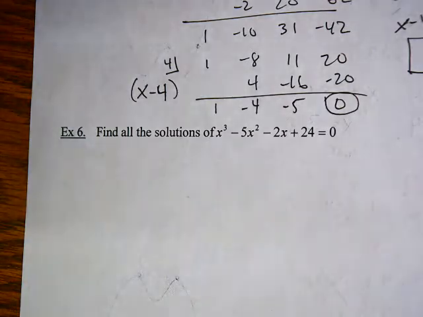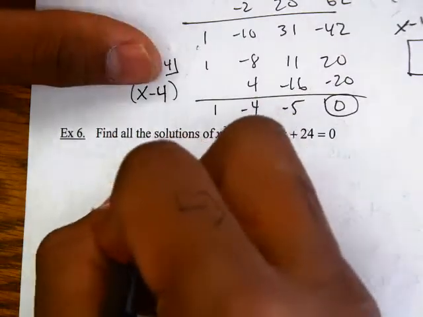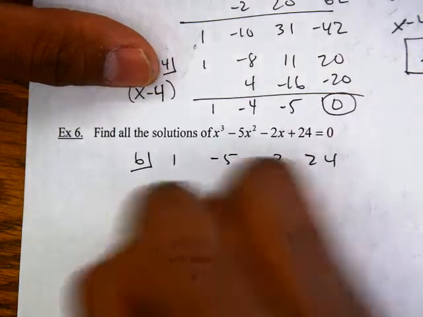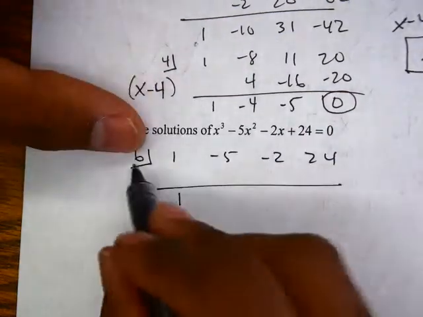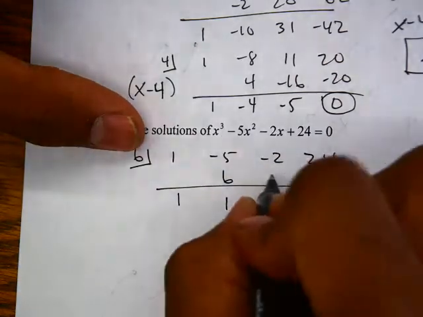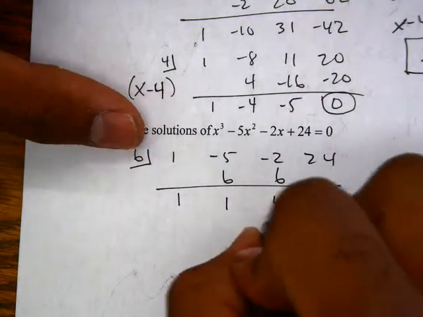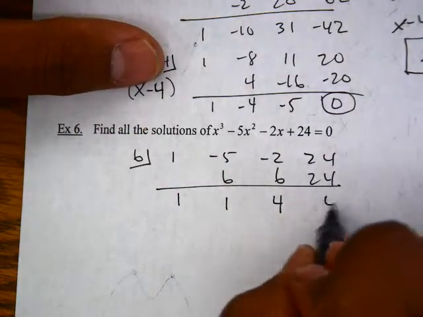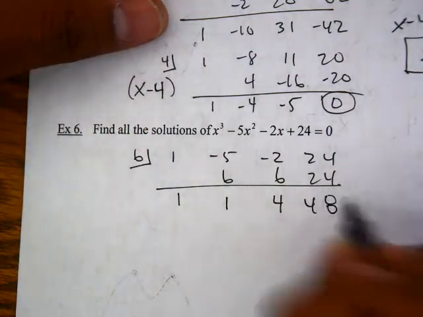Alright, I'm going to try 6. 1, -5, -2, 24. 6 times 1 is 6. That adds up to 1. 6 adds up to 4. 6 times 4 is 24. Oh, that's 48.